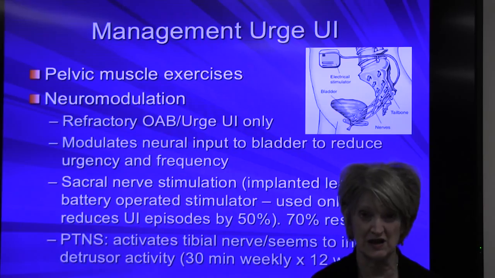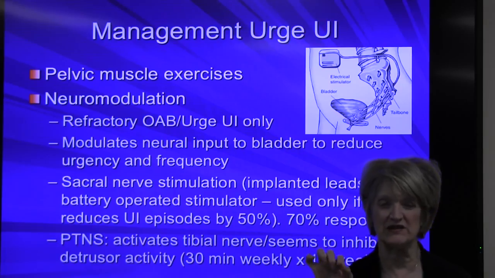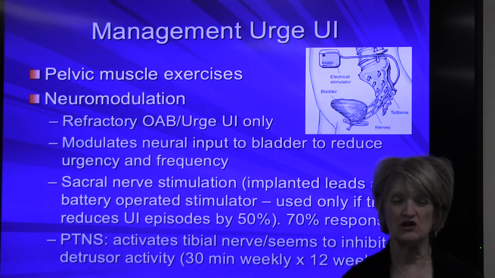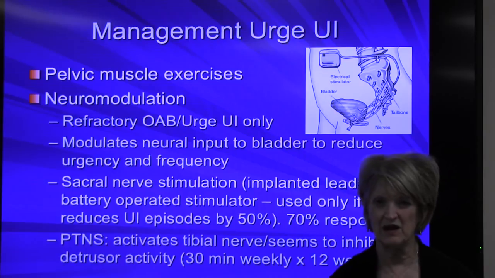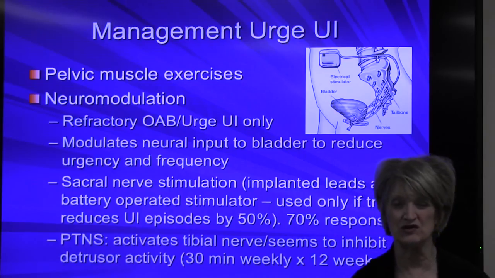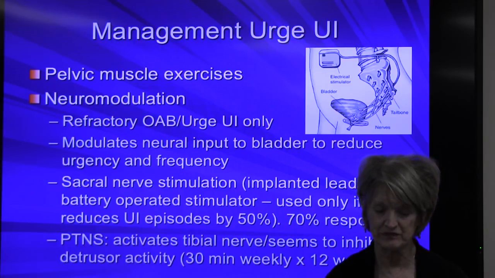The other type of neuromodulation is PTNS, percutaneous tibial nerve stimulation. So this is actually done in the office or the clinic, and it involves stimulation of the tibial nerve, which has been observed to inhibit bladder contractility through mechanisms and pathways we don't really understand. But it's a simple procedure. Nurses can do this, therapists can do this, as well as physicians.